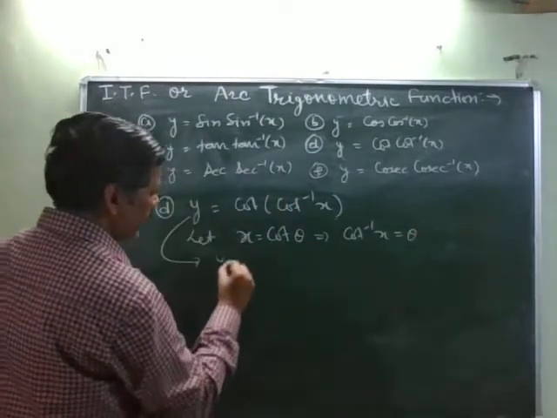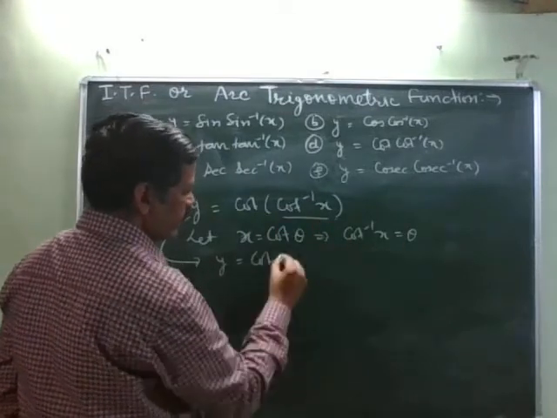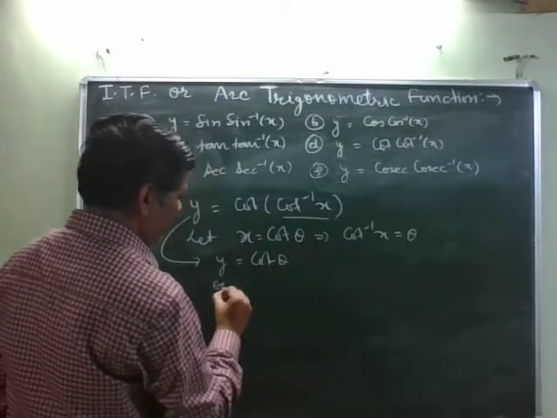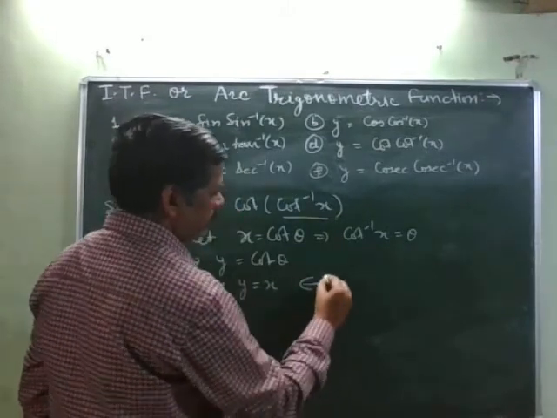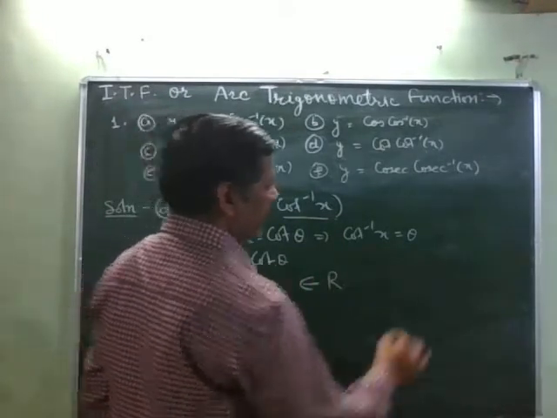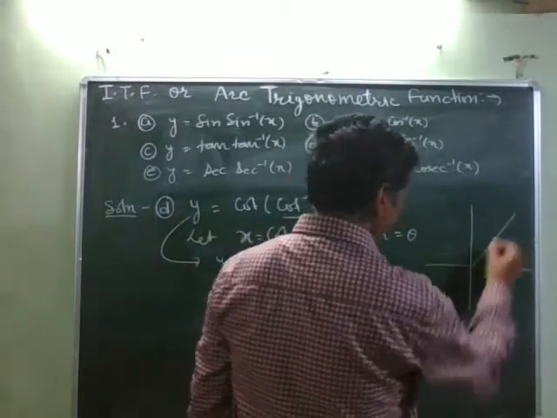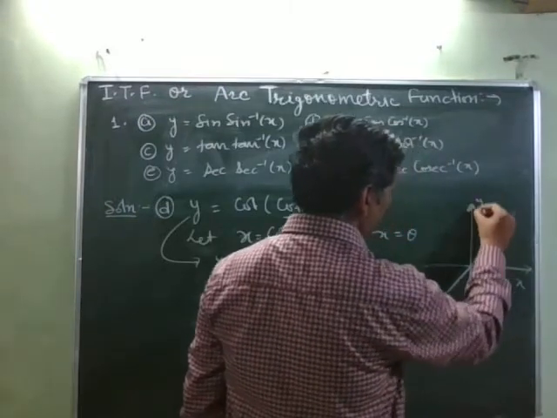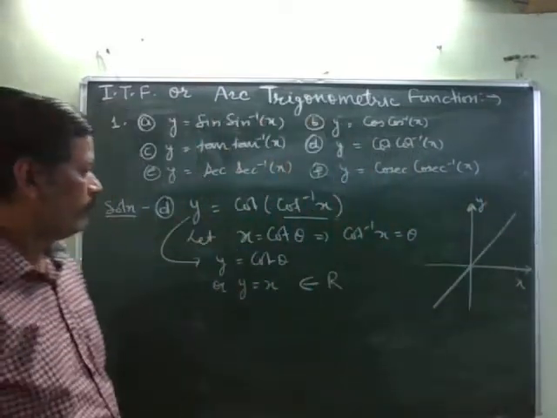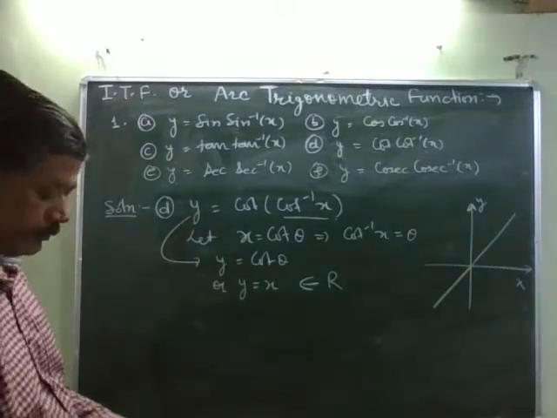From here it can be written as y is equal to cot theta, or y is equal to x, and both will belong to R. The graph again is same.